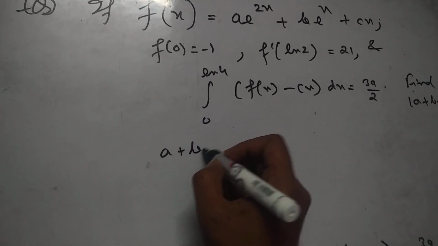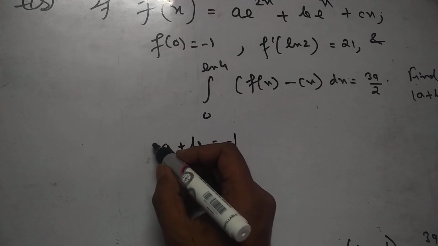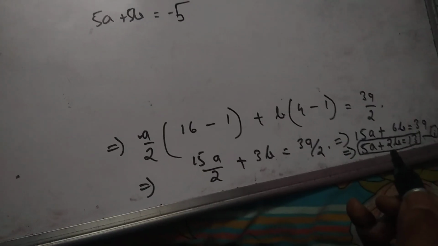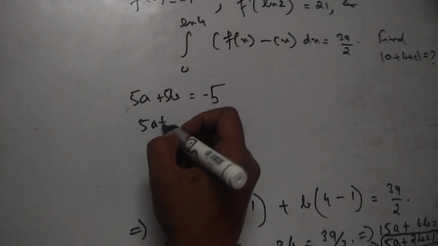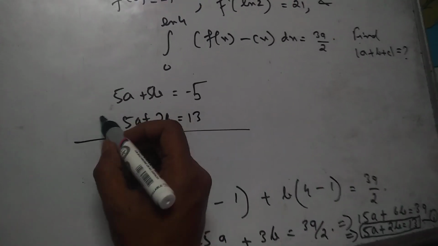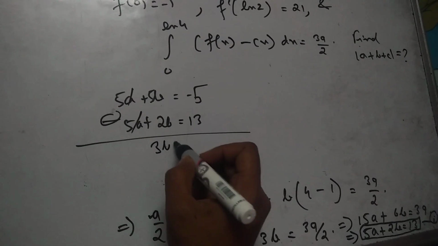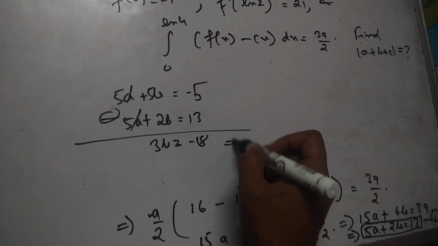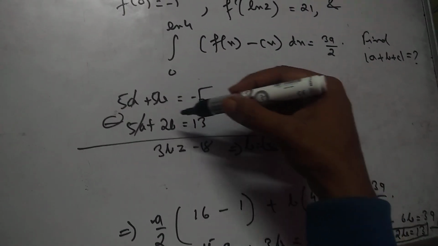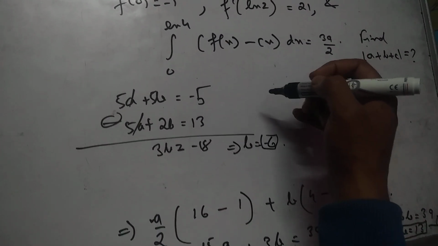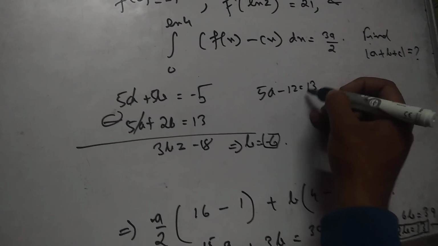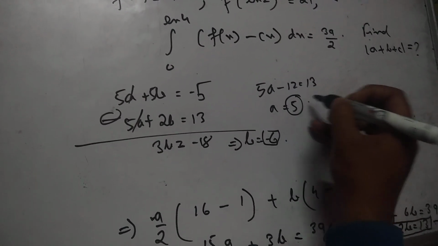So a plus b equal to -1 multiplied by 5, and 5a plus 2b was 13. Just subtract, 3b equal to -18, which means b is -6. And what will be a? So 5a minus 12 equal to 13, a is 5.